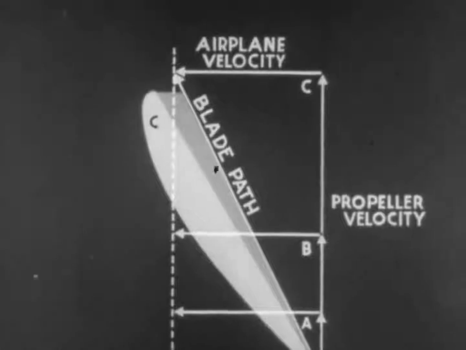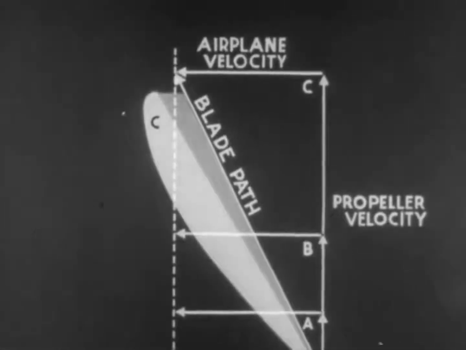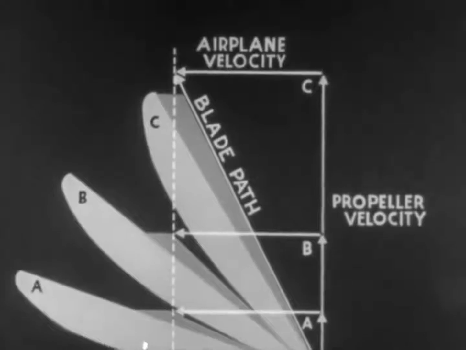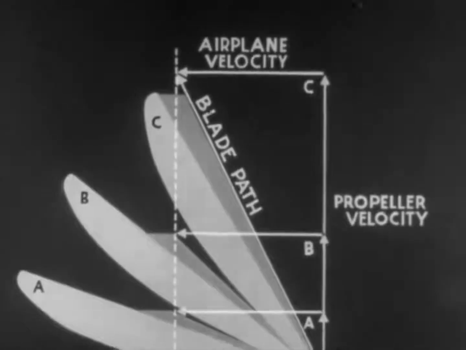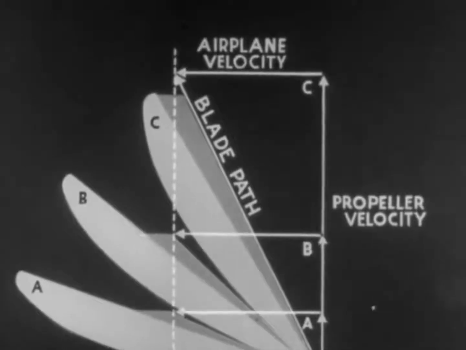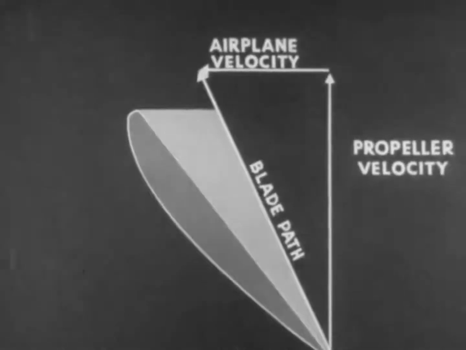The high propeller velocity of the blade tip C produces a blade path at the smallest angle, so the pitch angle is smaller at the blade tip than at points B or A closer to the hub. That's why a propeller blade is twisted along its length.